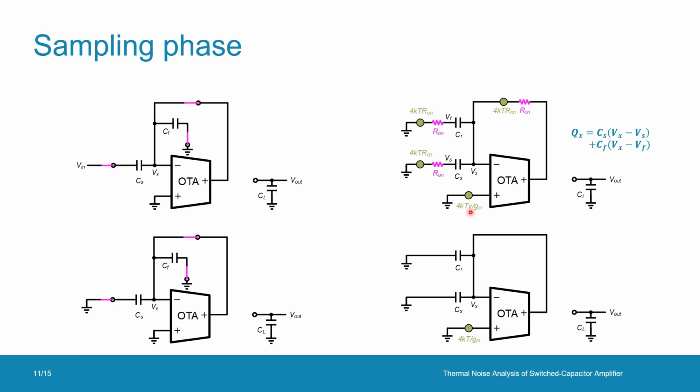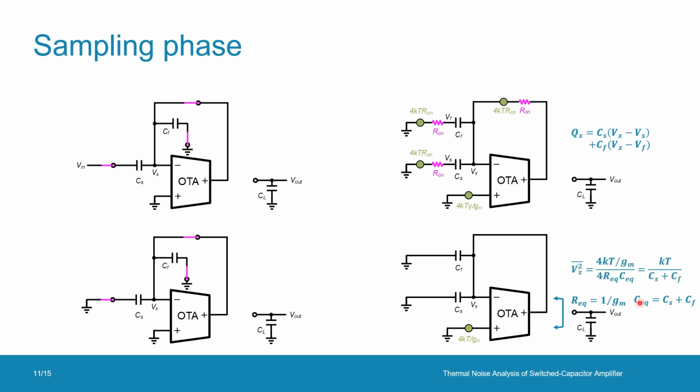Since gamma is typically around 1, I'm going to approximate the OTA noise as 4kT over GM. So for this simplified circuit, the equivalent resistance is 1 over GM, while the equivalent capacitance is CS plus CF.